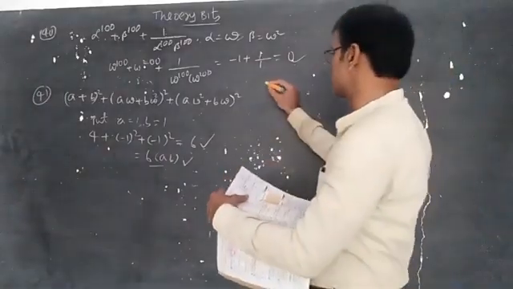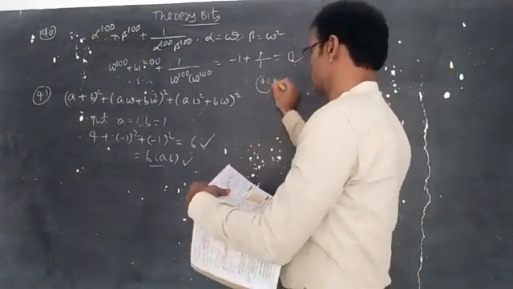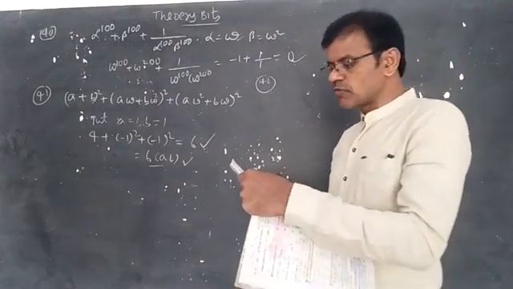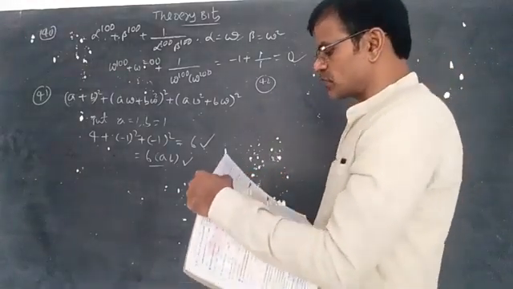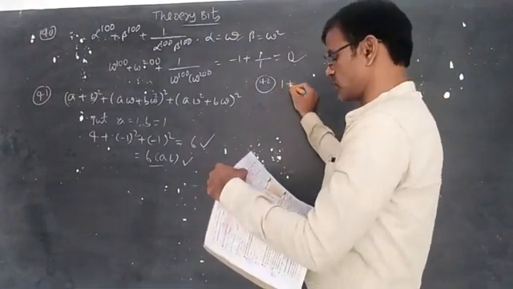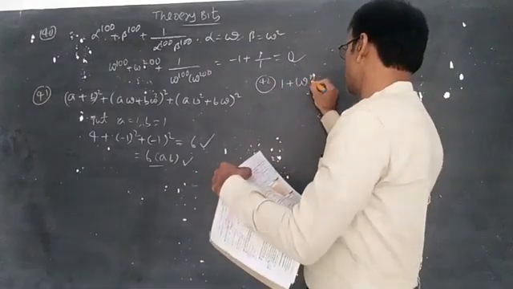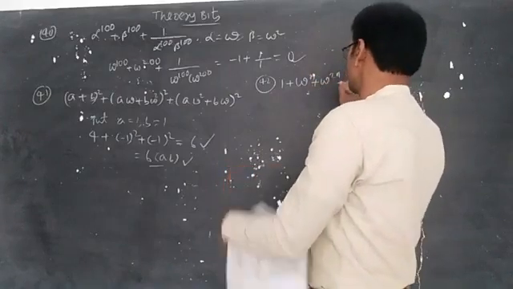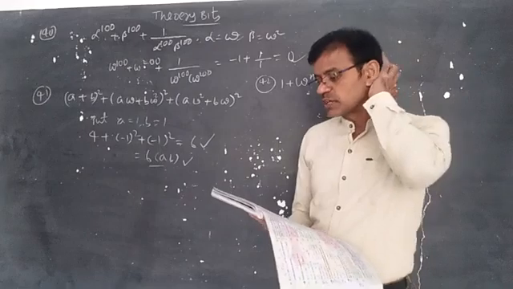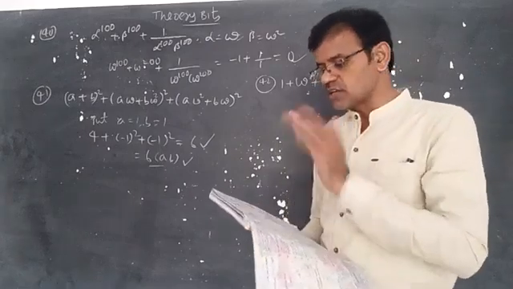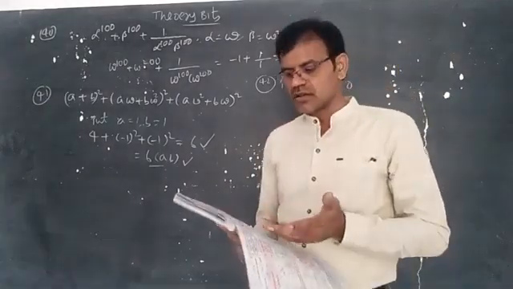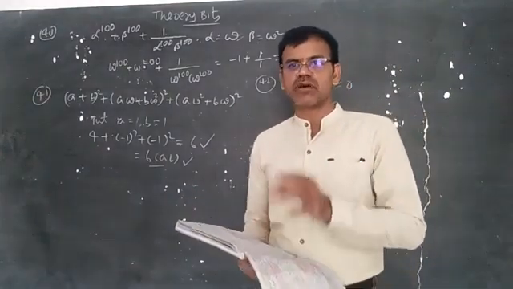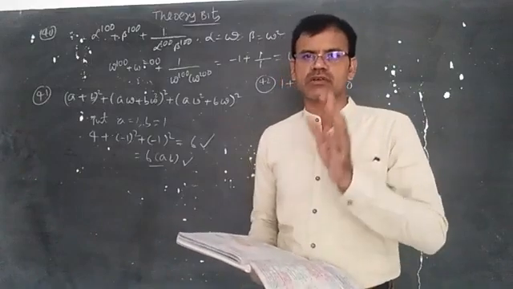Now the 42nd question. If omega is a cube root of unity and n is a positive integer satisfying 1 plus omega power n plus omega power 2n equal to 0. Whenever it is not equal to 0, n is a multiple of 3, or 6, or 9, or 12, or anything like that.